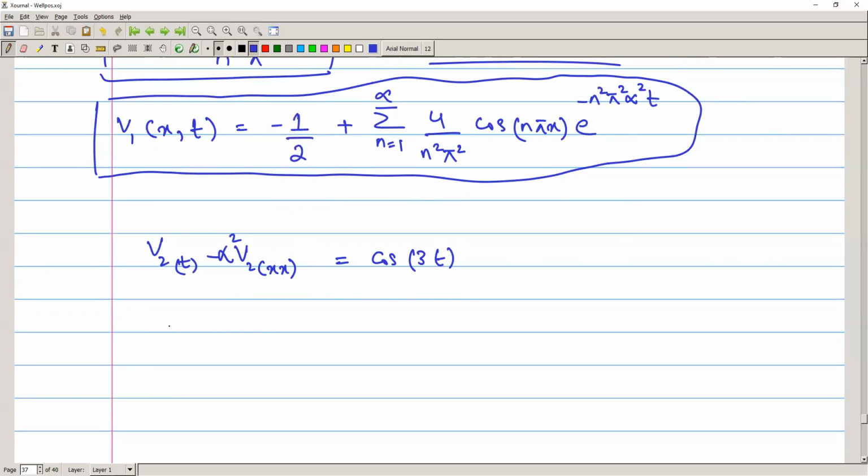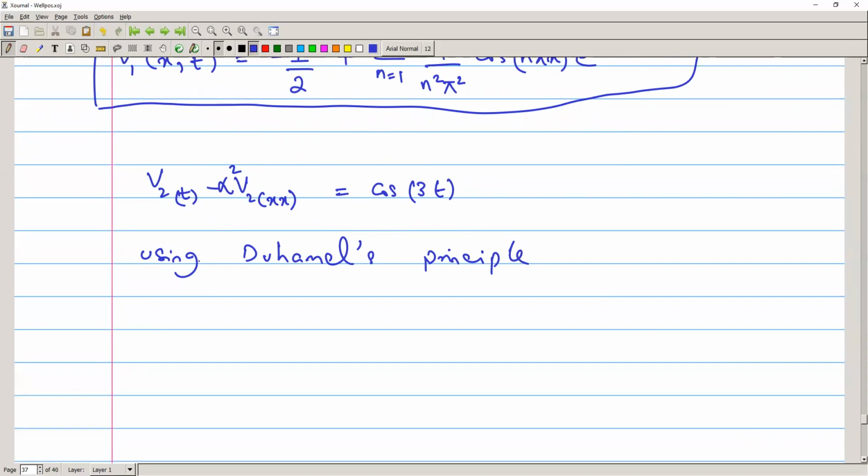Now using Duhamel's principle, v of x comma t such that, at s, will be equal to cosine 3s.